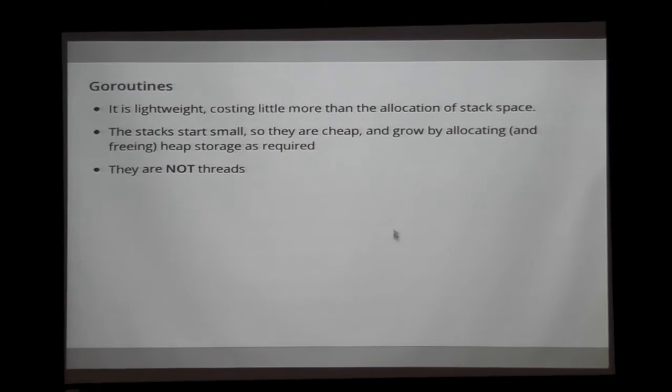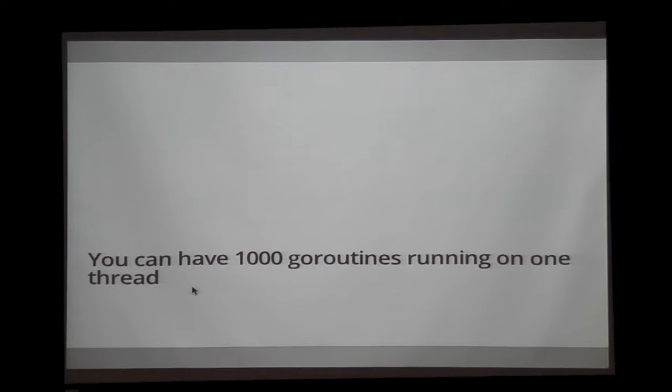You can think that there are the process, the threads, and then a series of Go routines that signal, hey, I'm ready, I have to wait, or I'm ready to be executed again. And you can have 1,000 Go routines running in one thread.